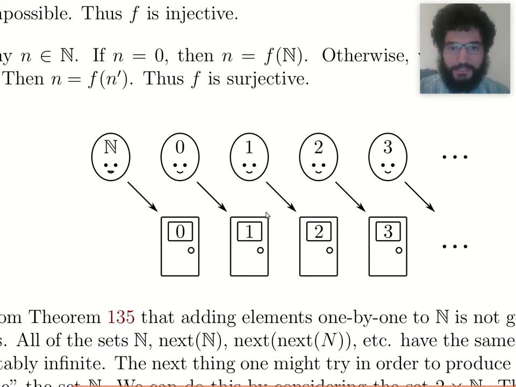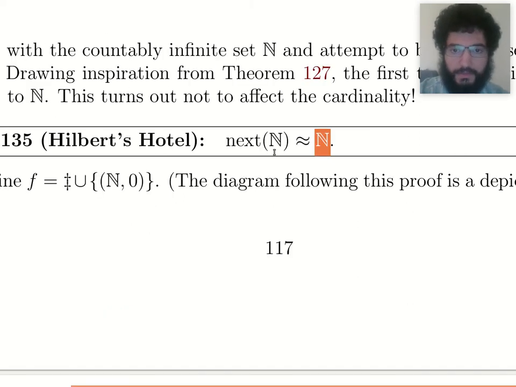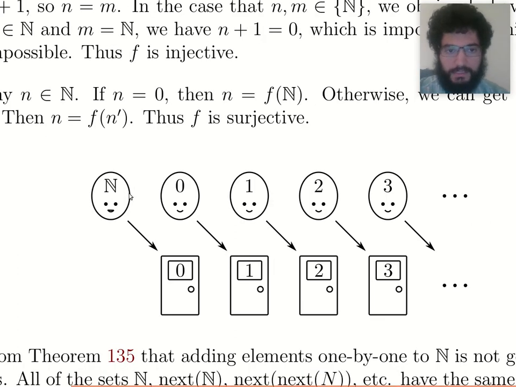And here's a picture of the bijection. I'm going to set up the bijection so that it goes from here to here. So this will be the domain, the set of natural numbers plus an additional element, and the codomain will be here. So these guys you see at the top are all the residents of next n: 0, 1, 2, 3, etc. These are all natural numbers.